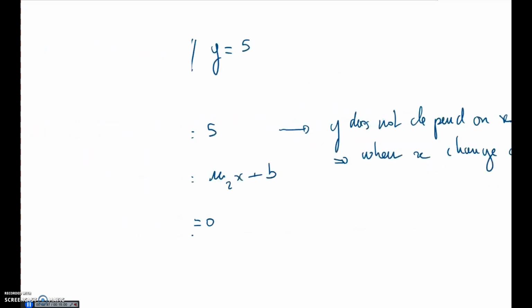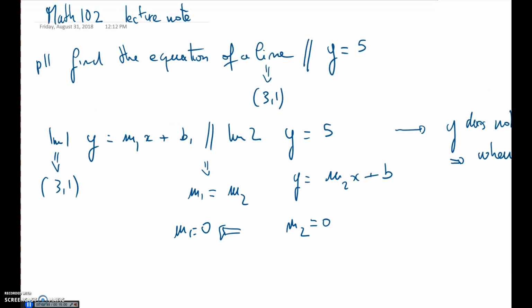All right. Now, if I go back to what I wrote previously, I said M1 is equal to 0. So, if M1 is equal to 0, that means y of my line number 1 will be equal to b1. How do I find b1? Well, to find b1, I'm supposed to use a point on the line, and if this point is on the line, it will check this equation.